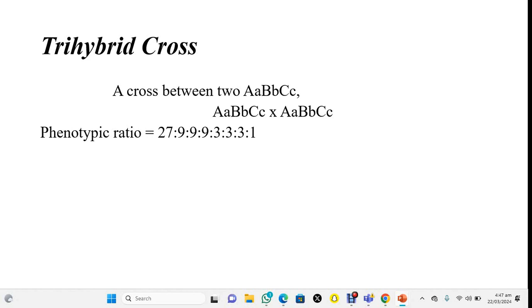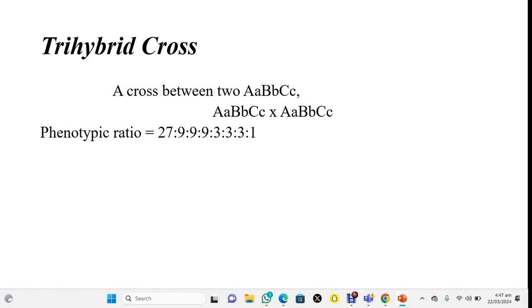So if you look at the person's genotype, you're going to have at least one capital A, one capital B, and one capital C. So any genotype that has that kind of format is going to fall under the 27 ratio, right?